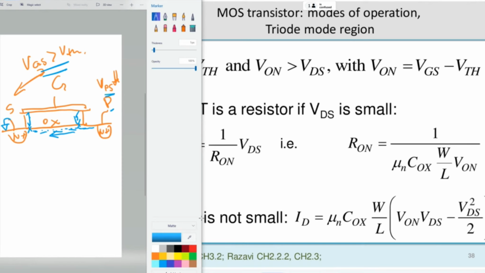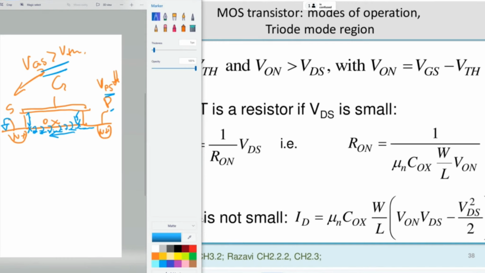If this potential is approximately equal, then the density of electrons in the channel will be almost the same. So this means that I can consider this channel as a resistor with certain conductivity, certain resistance. And the transistor will conduct current like a resistor.